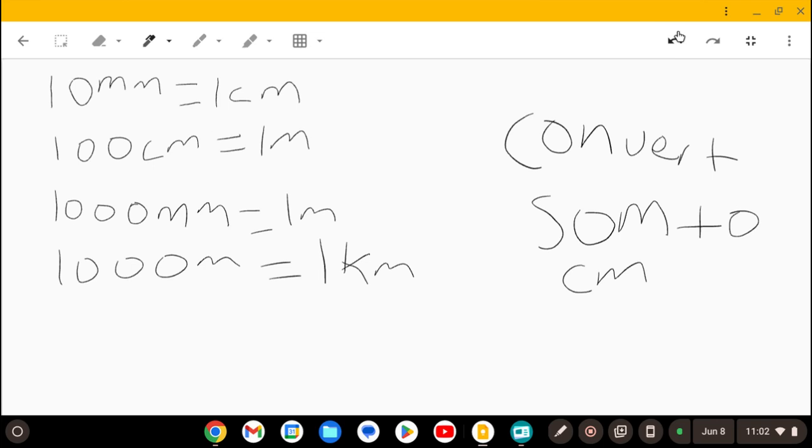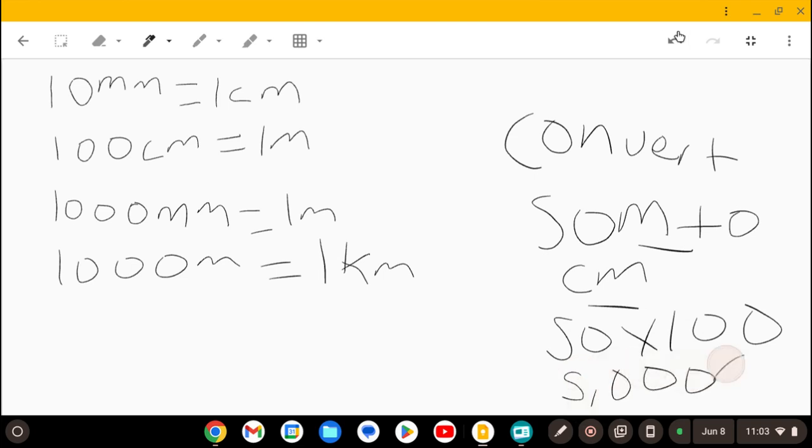In this case, we're going from meters to centimeters, so a larger unit to a smaller unit, which means that we'd multiply. So it's going to be 50 times 100, which will give us 5,000 centimeters. So basically 50 meters to centimeters is 5,000 centimeters.